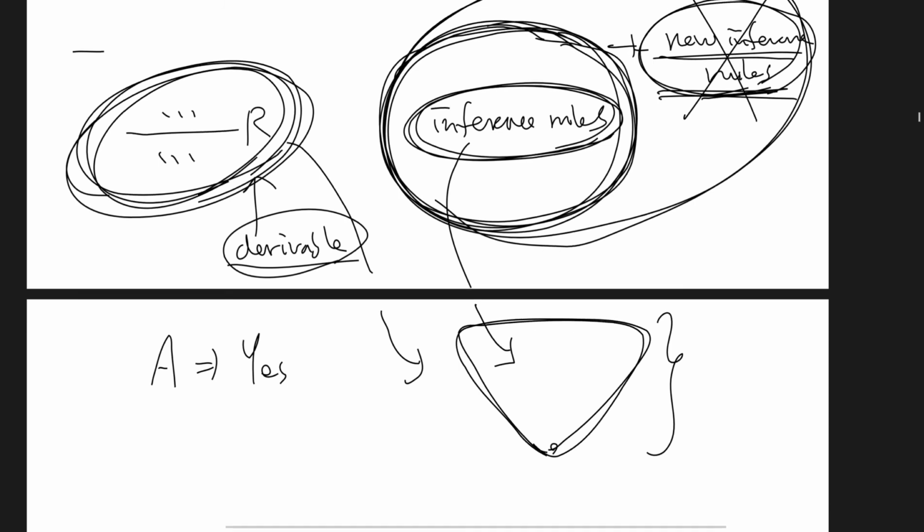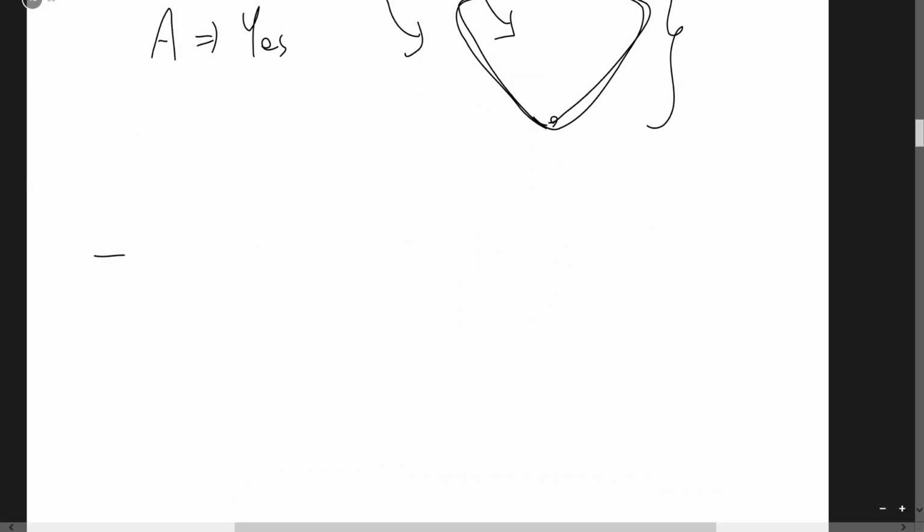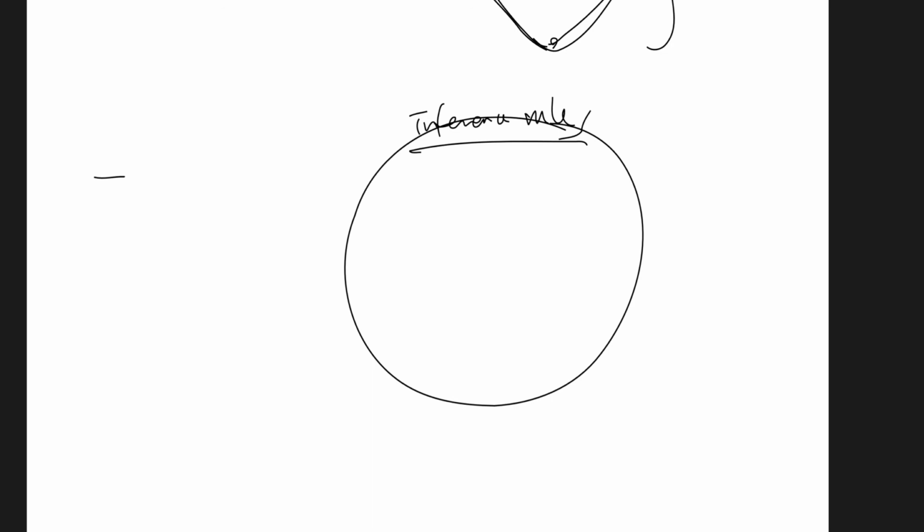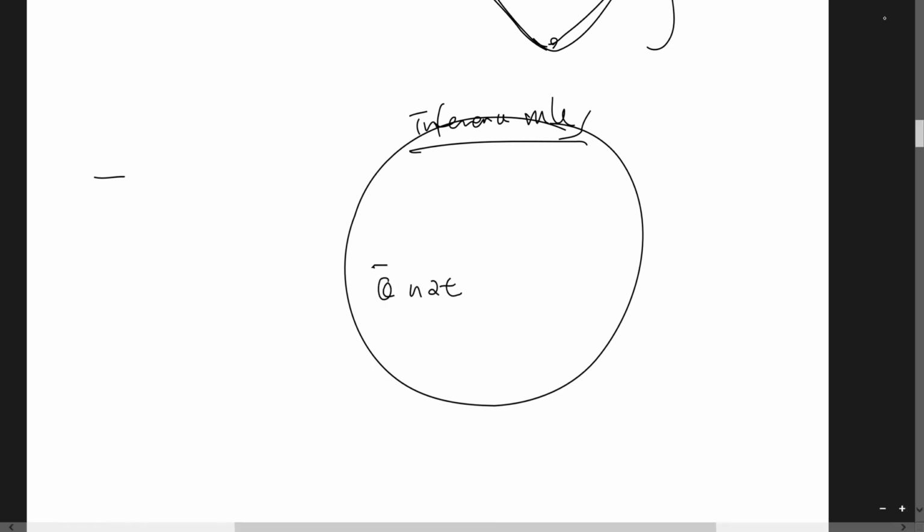What about an admissible rule? We start with this system of inference rules, and we know that, let's just say this, 0 is NAT, and we have successor n is NAT if n is NAT.